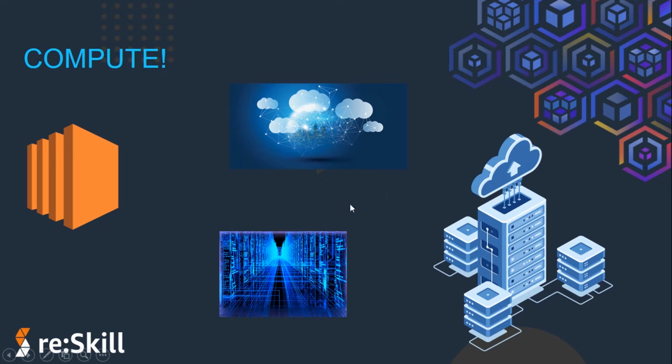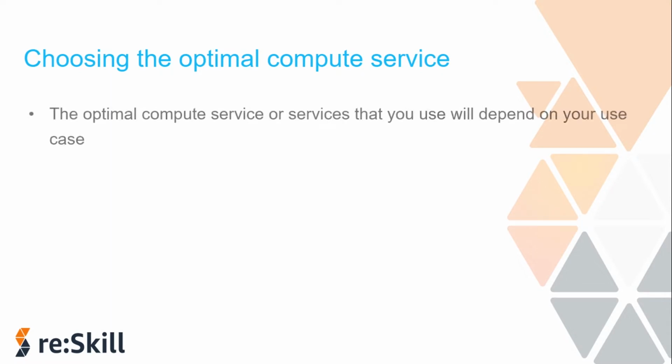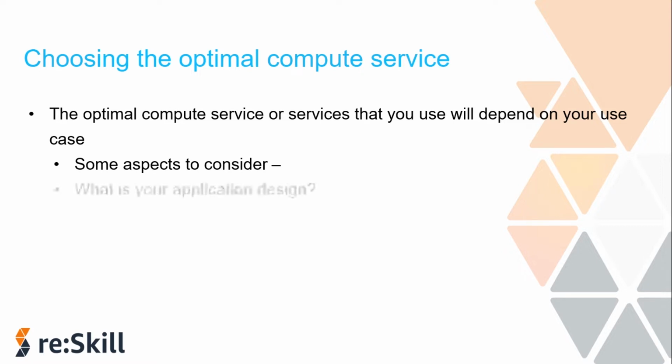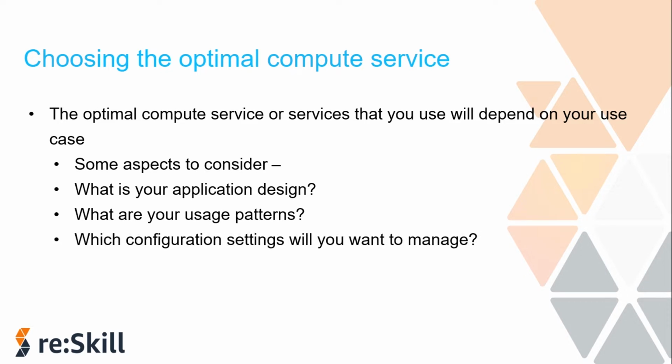For this, on AWS, we have a certain set of services under the compute category. AWS offers many compute services because different use cases benefit from different compute environments. The optimal compute service or services that you will use depend on your use case. Out of all the services available, you have to consider some aspects before deciding which service you will go for: what is your application design, what are your usage patterns, which configuration settings will you want to manage, and which settings you will want to be managed by the service itself.